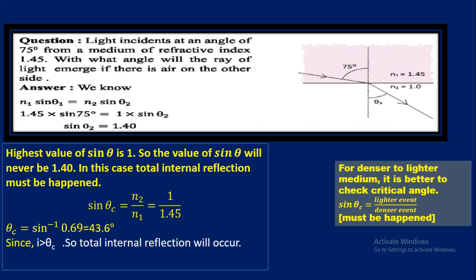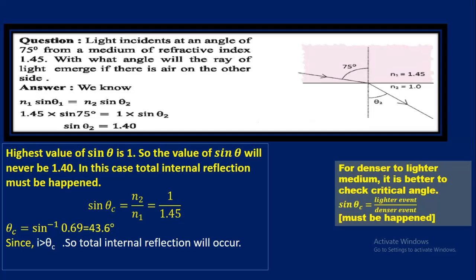Now I'm going to solve this. Here we have a question for you: light is incident at an angle of 75 degrees from a medium of refractive index 1.45. At what angle will the ray of light emerge if there is air on the other side? Here the equation is shown, that is n1 sin theta 1 is equal to n2 sin theta 2, and all the values are given here, and by putting in these values we can calculate the result.